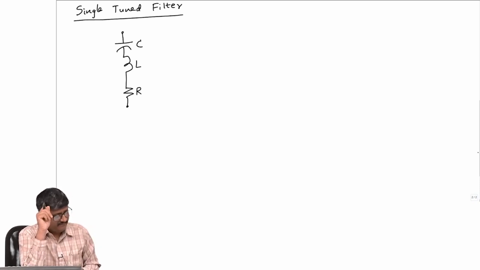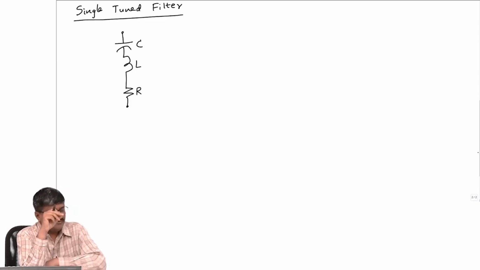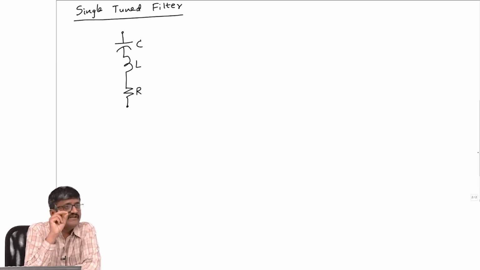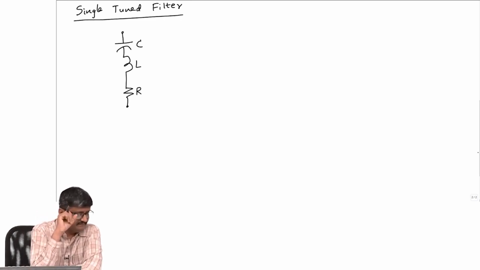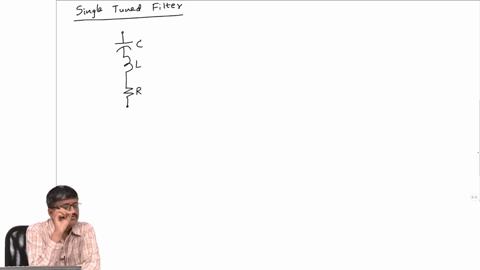Can I exactly design the value of L and C so that it is tuned for the frequency of the harmonic that it is supposed to eliminate, or at least suppress? Impedance is omega L, that of capacitor is minus j by omega C. We will design L and C such that these two cancel out.